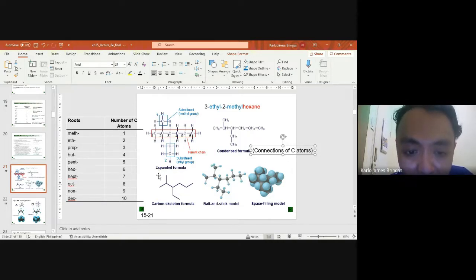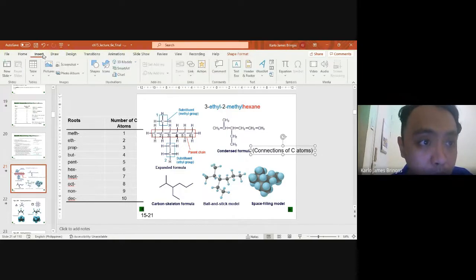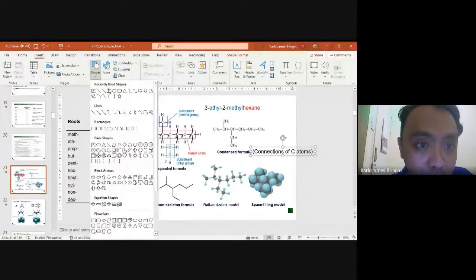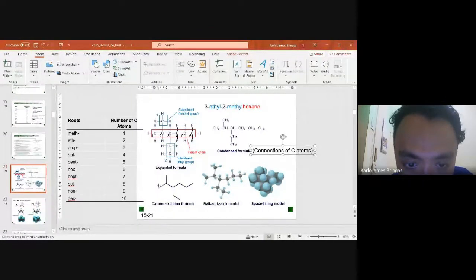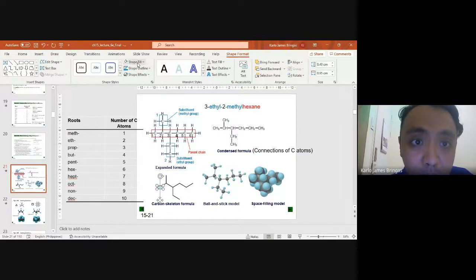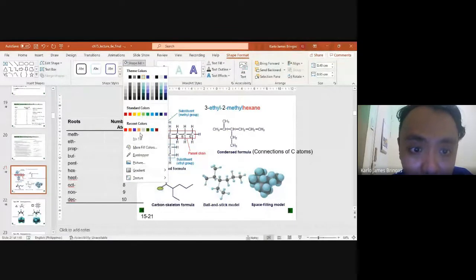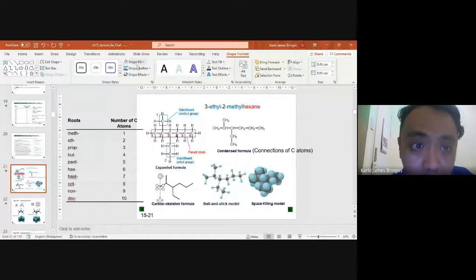In this one, ang kada dulo and kada point in here sa linya na ito, each point in here represents one carbon atom. So that, for example, this one, sa pinakadulo nito is one carbon atom. And we can also have another carbon atom right over here.